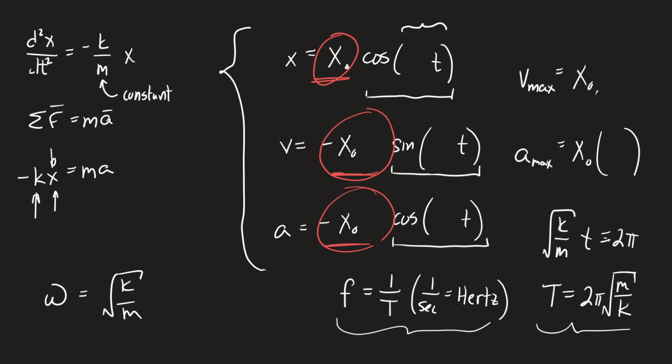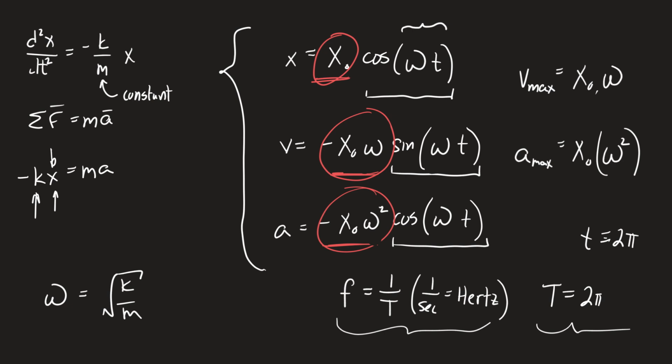But I have through the magic of iPad, I'm just going to erase them all and then put omega here. And you might wonder why we use omega, but I'll be really clear about why we use omega in a second after you guys have rewritten that out.